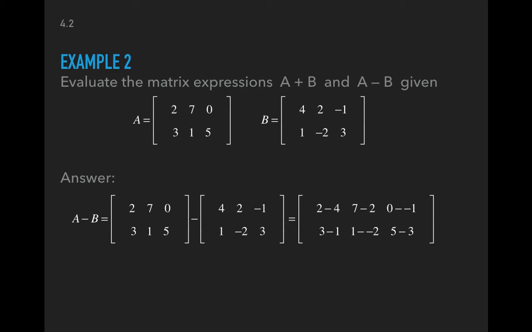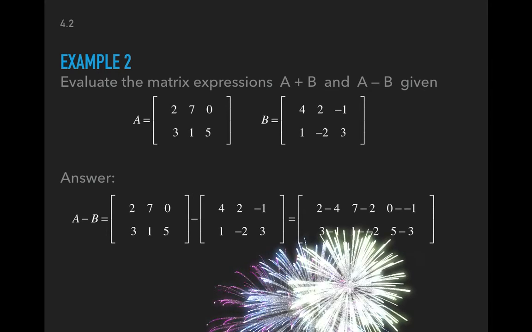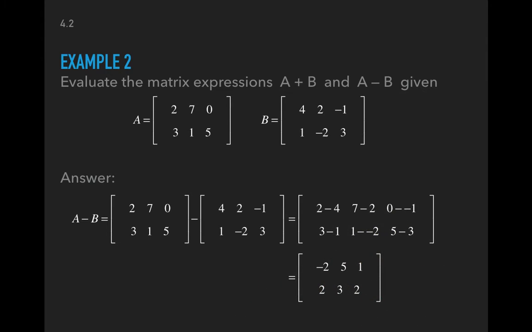So now it's 2 minus 4, 7 minus 2, and 0 minus a -1 in our first row. Then we'll have 3 minus 1, 1 minus a -2, and 5 minus 3 in our second row. Simplify, and you'll have the elements -2, 5, that becomes a +1, 2, 3, and 2.